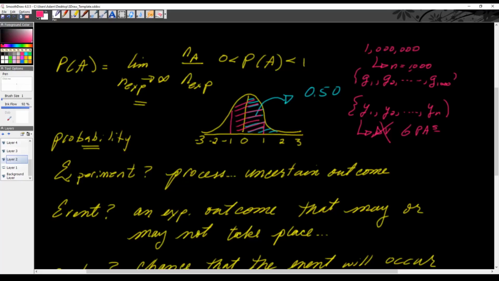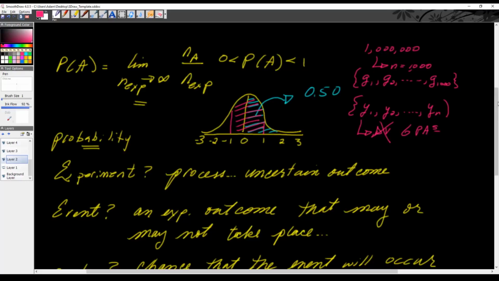And that is our set of data. So this is our randomly selected sample of 1,000 students. The set of G1 to G1000 is the randomly selected sample of 1,000 numerical values.